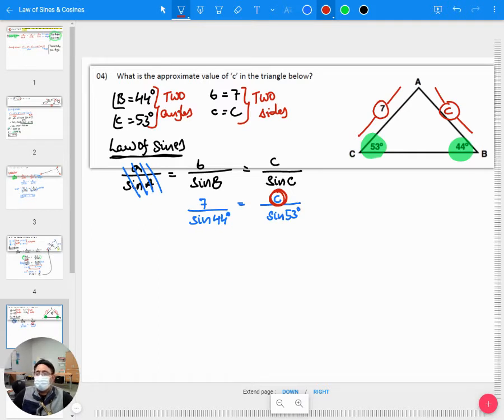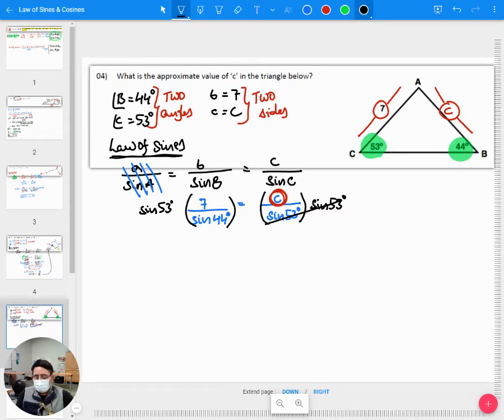Now let me take my calculator and compute. In order to isolate C, we have to multiply on both sides by sine 53.